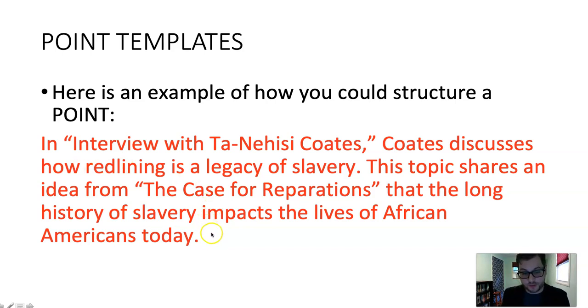The point of this paragraph that is being built, an example, is the idea that in the interview, redlining is a part of the long history of slavery that impacts the lives of current African Americans. This is the point of the paragraph. Everything that comes after that will be connected to this point. It will be explaining or clarifying this point from Coates' essay, right? And how it connects to the research.